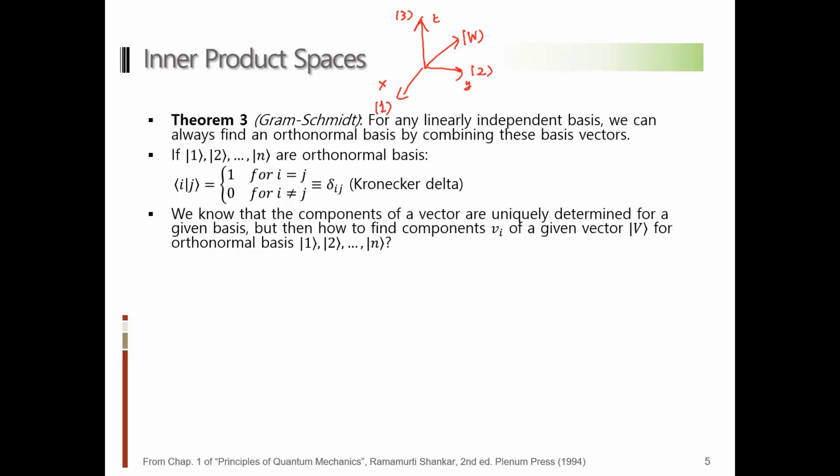If I assume that all of those bases are also normal, then we know that w can be written as a linear combination: W1 in the one basis, W2 in the two basis, and W3 in the three basis.